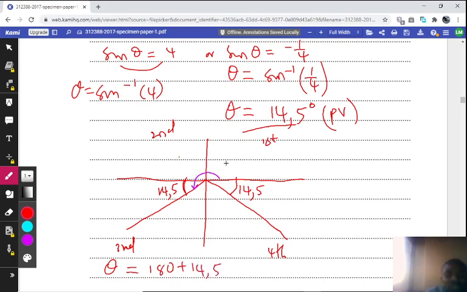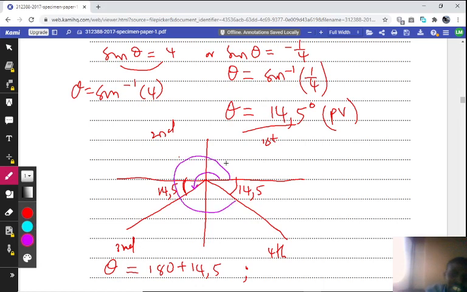Then the next solution is this angle from the positive x-axis to this second line.